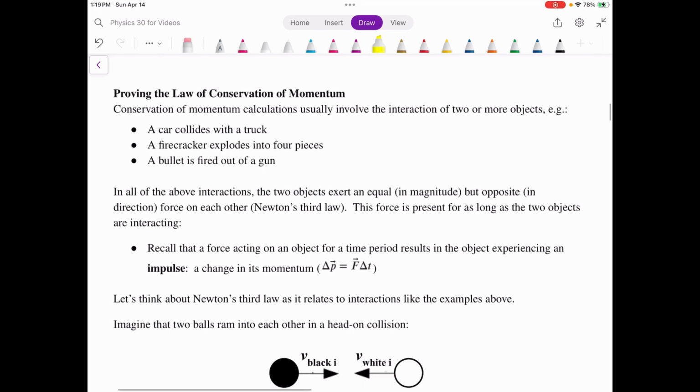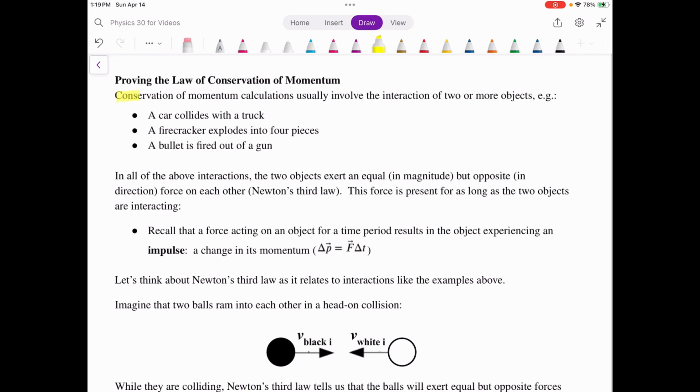All right. So again, conservation of momentum calculations, like any conservation calculation, often involve initial and final. They're useful in situations where the initial conditions kind of predetermine what the final conditions can be, right? And so for these, they usually involve the interaction of two or more objects. A car collides with a truck, a firecracker explodes into 4 pieces, a bullet is fired out of a gun, those types of things, right?